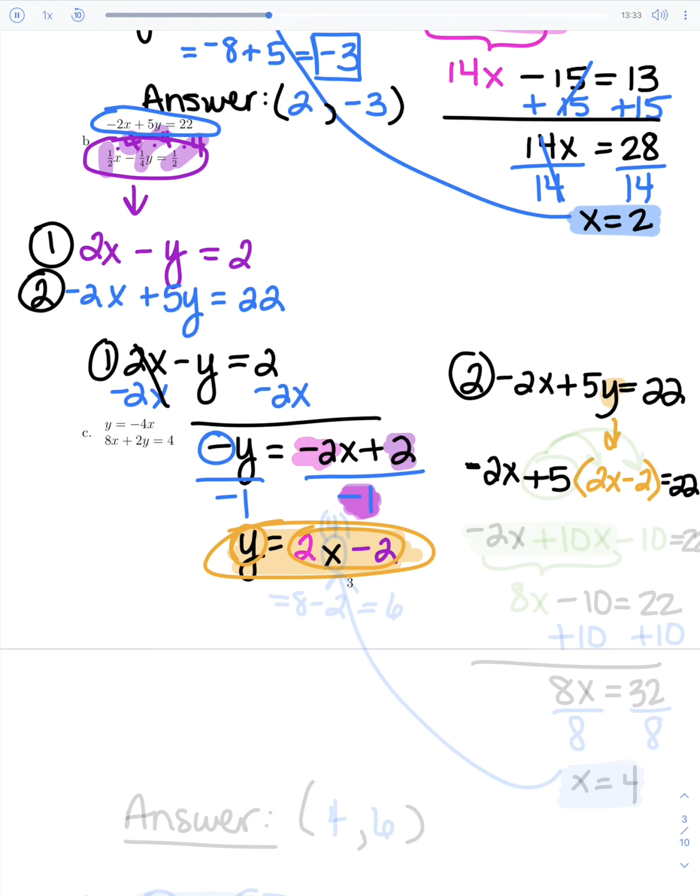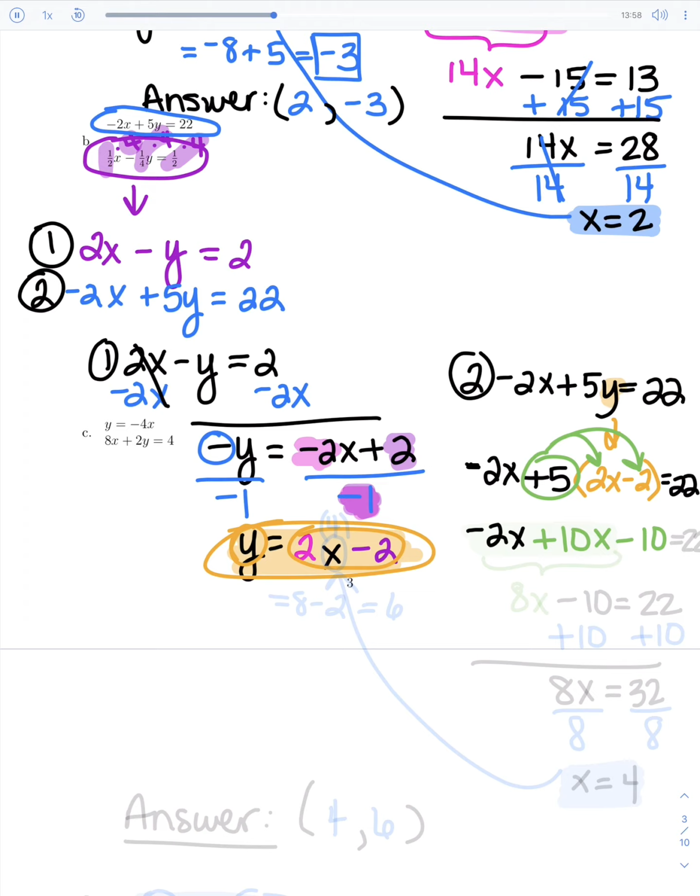So let's see what happens. Well, the first thing we want to do is clear out the parentheses. So we'll go ahead and distribute out the positive 5 to everything on the inside. So the negative 2x will stay the same for now. Distributing out the 5, though, will get us a 10x minus 10.